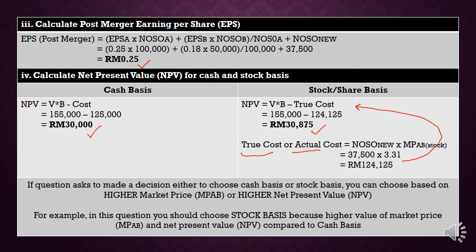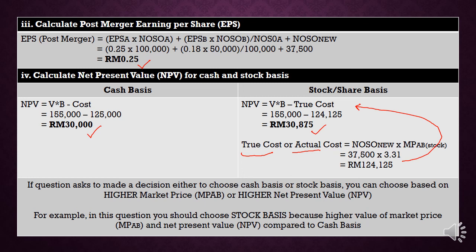So if the question asks to make a decision either to choose cash basis or the stock basis, you can choose based on the higher market price, which is based on the MPAB, or based on the higher net present value, which is based on NPV. So to choose the best decision, you must look at the higher value of MP, which is market price, or the higher value of NPV.